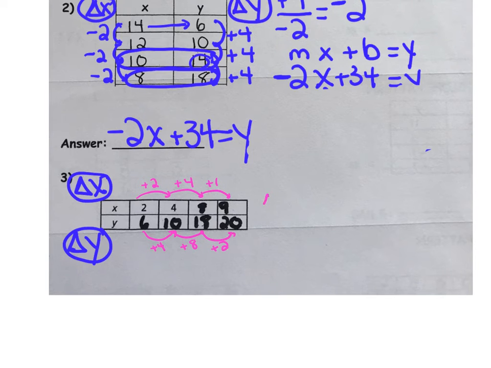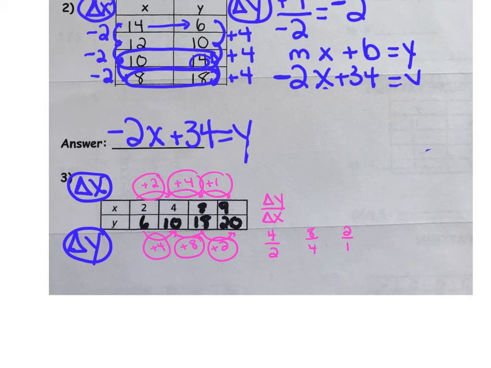In order to find your slope, your delta y over delta x ratio, take each rise and run, 4 over 2, 8 over 4, and set up those ratios, 2 over 1.